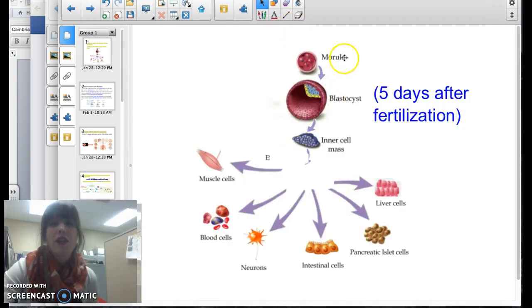So let's review what happens after fertilization. Five days after fertilization, after you get that single cell, you have a mass of a few cells called a blastocyst. These stem cells exist inside the blastocyst in what's called an inner cell mass. These inner cell mass cells are what differentiate into all the various cells that we have.